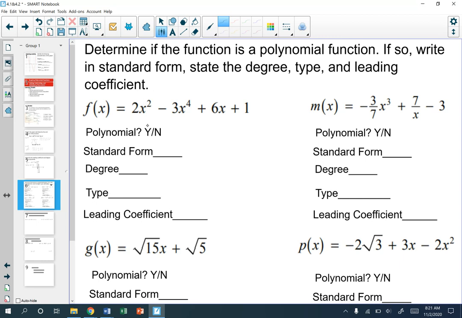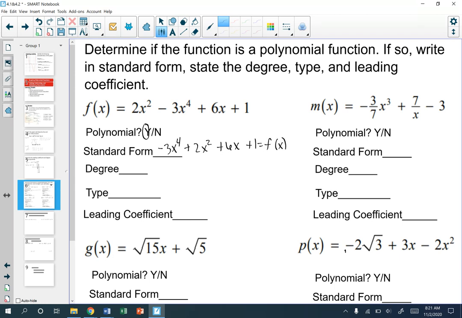So yes, this is a polynomial. I want to write it in standard form. So standard form is writing it from highest degree in decreasing order. So I would have negative 3x to the fourth. My next highest is plus 2x squared, then plus 6x plus 1 equals f of x.